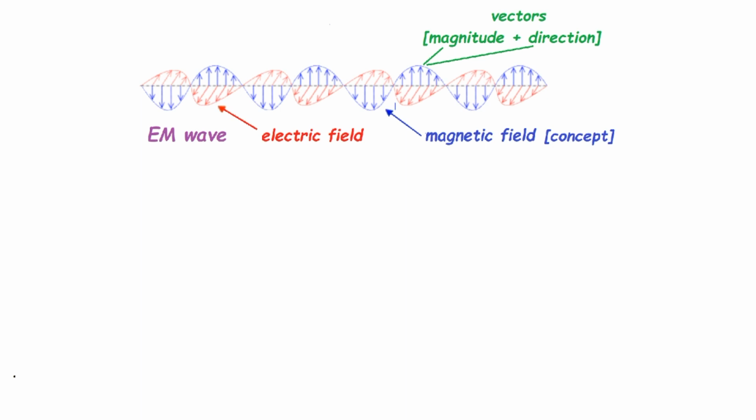You have the electric field traveling at 90 degrees to the magnetic field, and both of them travel, and the whole wave travels forward. But each of those fields, which is a mathematical concept actually, is made out of vectors, which is another mathematical concept. A vector only has magnitude and direction.